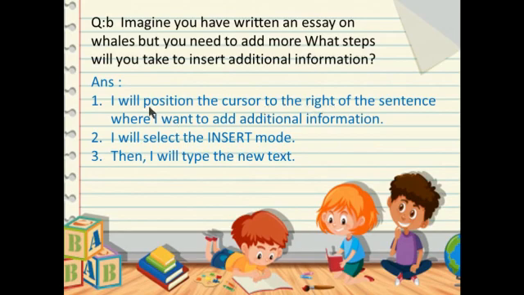You need to keep your cursor to the right of the sentence. Suppose this is your sentence, and what is the right side of it? This one. Keep it here. After that, select insert mode. After selecting the insert mode, you just type the new text and it will be added there, because insert mode will add the new text automatically.